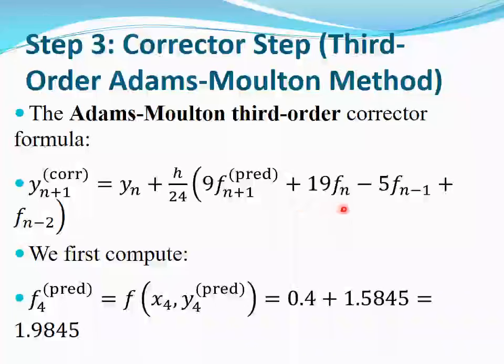With the predictor formula, we find the value of f4. f4 means 0.4, and y4 is also, you know, what we get, 1.5845. We add both values because the function x plus y is given. Then we get 1.9845.